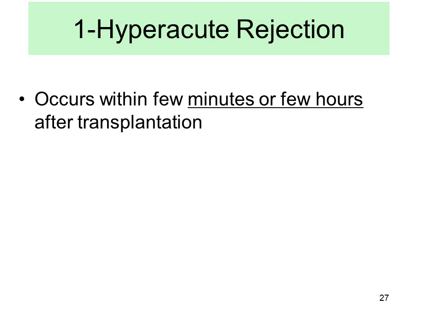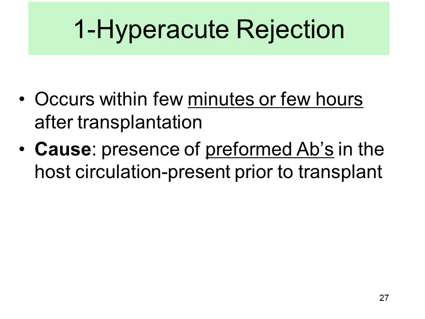Some of you just said antibody. That is correct. Antibody, but which kind of antibodies? Preformed antibodies. Remember, in type 2 and type 3 hypersensitivity reactions, making antibody takes a long time.